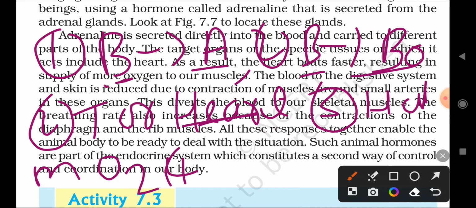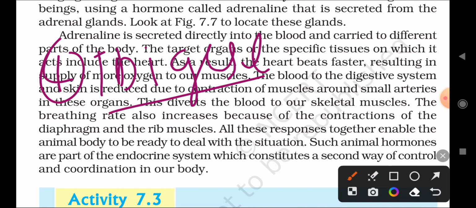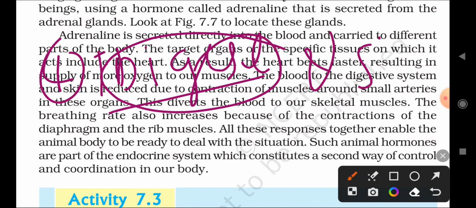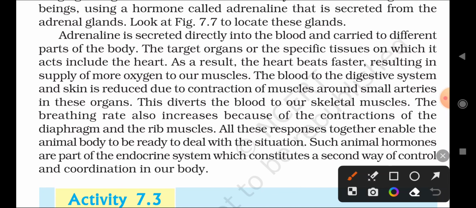More oxygen required in muscle cells means less blood is passed through the digestive system and skin. Next, the blood is less to the skin and digestive system because of the contraction of the muscles around the small arteries, and the blood is diverted to the skeletal muscles.